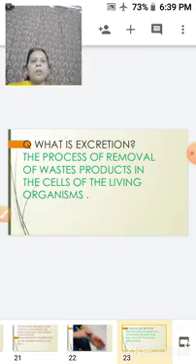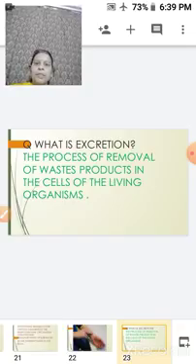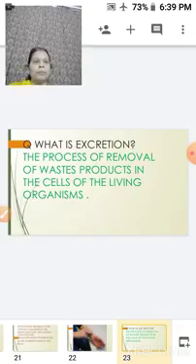First is egestion, a process by which solid waste, such as undigested food, is given out. It is collected within our large intestine, and then it is expelled through our anus in the form of feces.